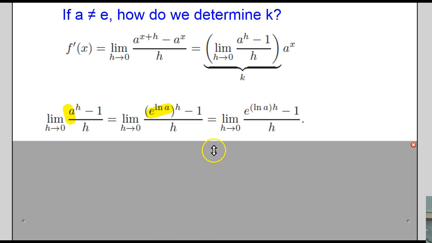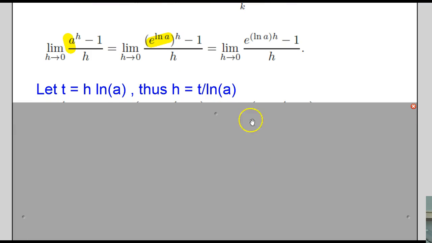Moving on, let's do some substitution here. Let some variable t be equal to h ln a. So that's basically just rearranging this. And therefore my h now will be equal to t divided by ln a, based off this relationship.